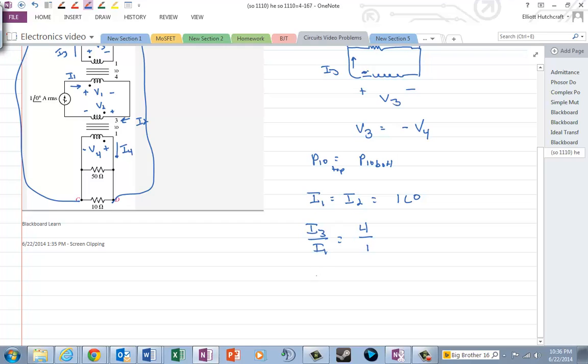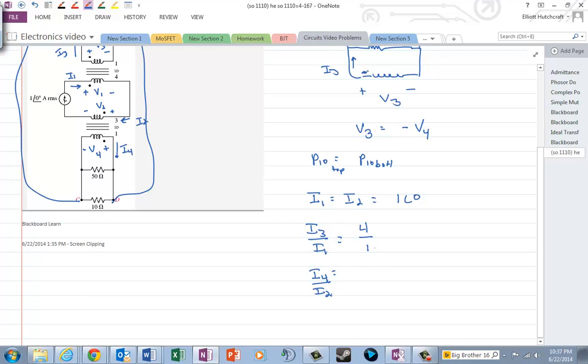And we can also say I4 over I2 is equal to N1 over N2 for that one, which would be N4 over N2, maybe I should say.